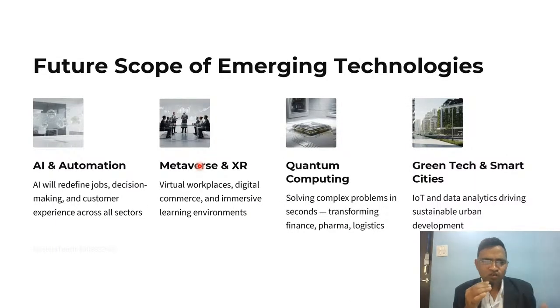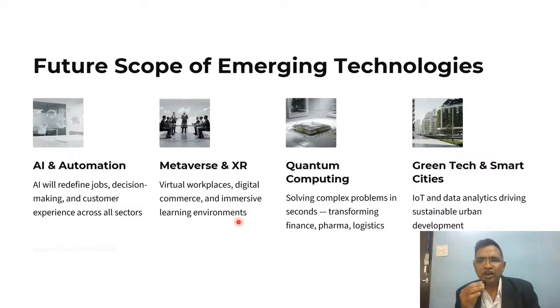What will be the future scope of emerging technology? In the future, we will have AI automation. Artificial intelligence will do the job and take decisions, and customers will also get a better experience. Then the metaverse and XR: virtual workplaces where you can sit anywhere and do the work.